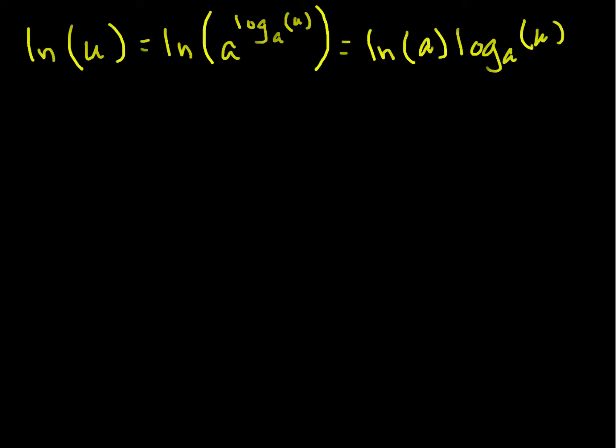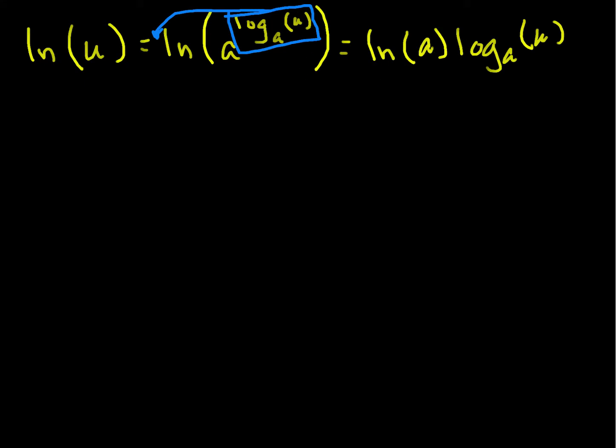If you're scratching your head a little bit, what I did there is use my power rule for logarithms: if I've got an exponent or a power, it can come down and become my coefficient. Granted, when I wrote it, I didn't put it in the front, but multiplication is commutative.